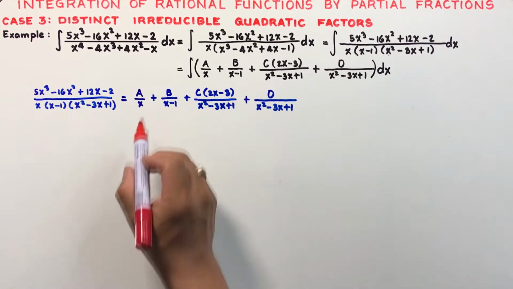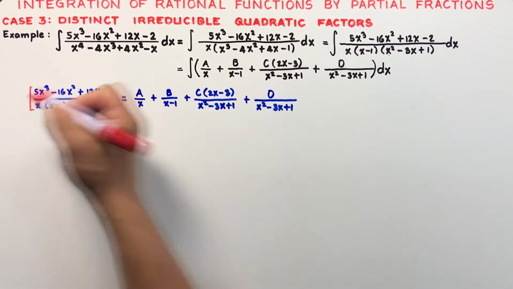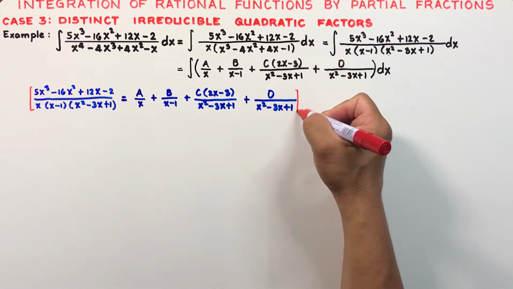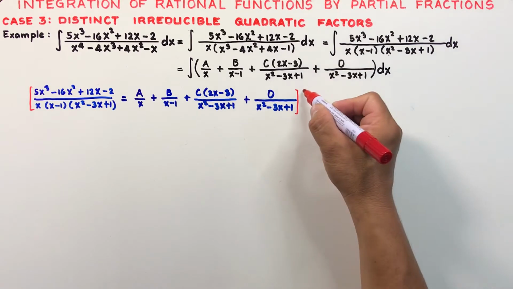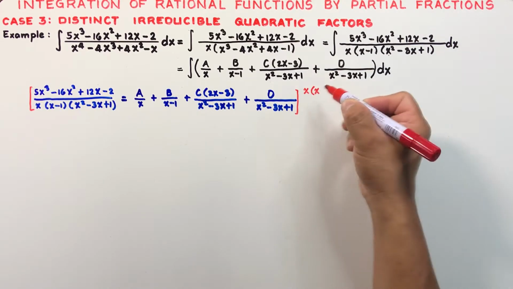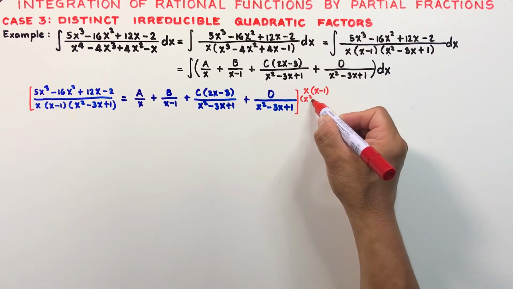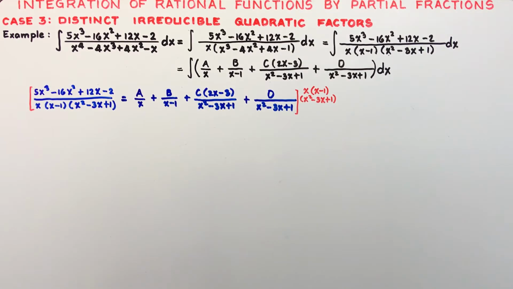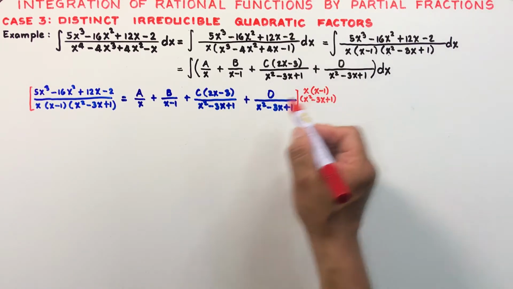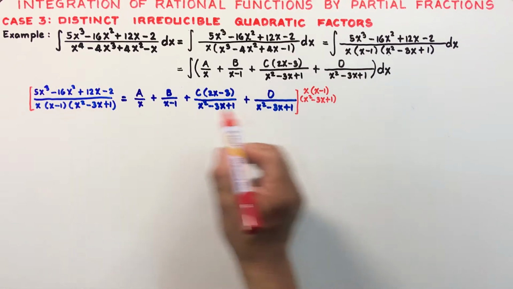To eliminate these denominators here, we need to multiply both sides of the equation by the least common denominator, which is x times x minus 1 times x squared minus 3x plus 1. Multiplying all of this with this fraction here, the whole denominator will be cancelled.